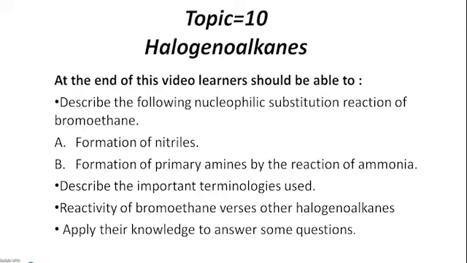In this video, I will discuss the remaining outcomes of Chapter 10 Halogenoalkane Objective 1. At the end of this video, learners should be able to describe the following nucleophilic substitution reaction of bromoethane: formation of nitriles, formation of primary amines by the reaction of ammonia.